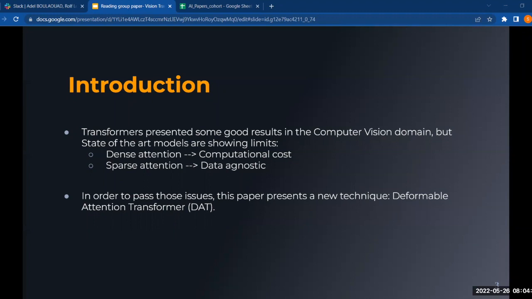Most recent work on CNNs uses deformable convolutional networks and leads to impressive results. And that is what motivates us to do some exploration on deformable attention patterns in vision transformers.